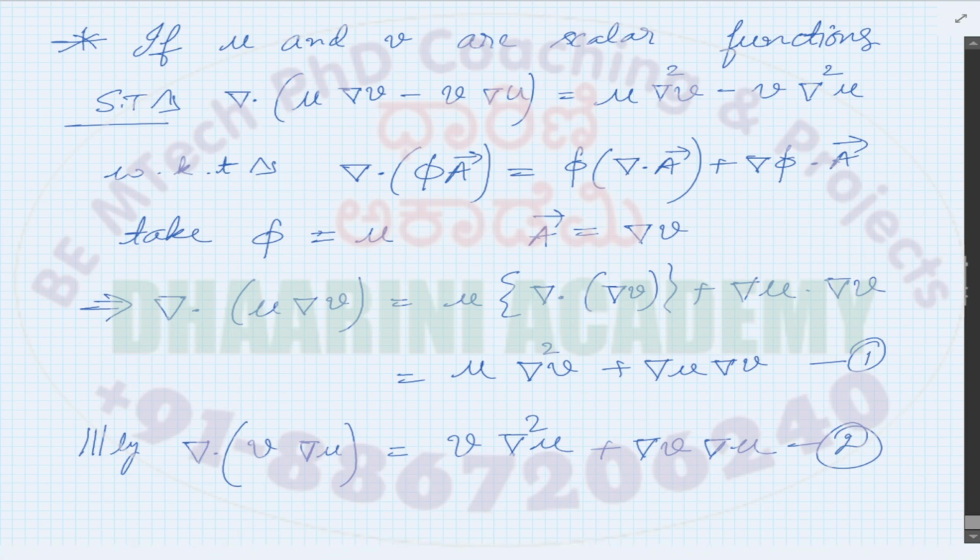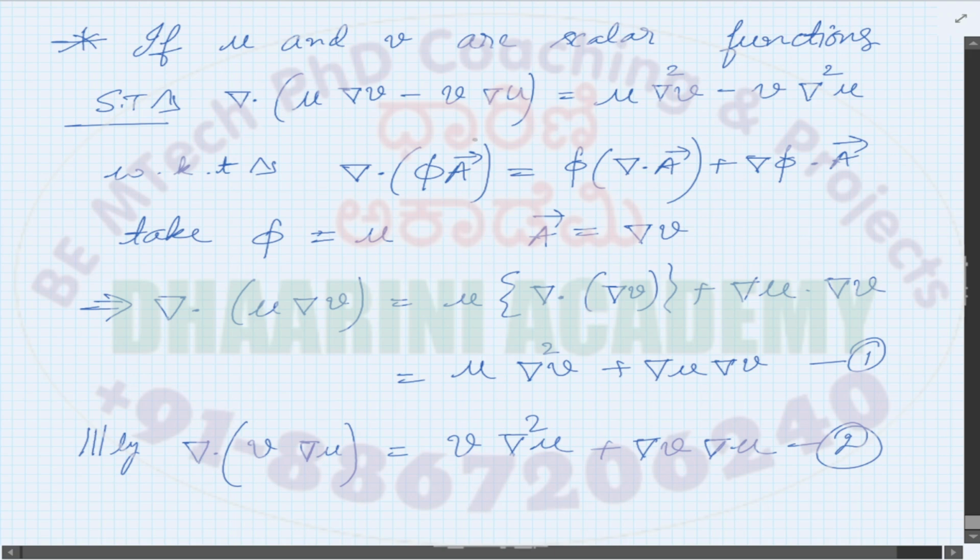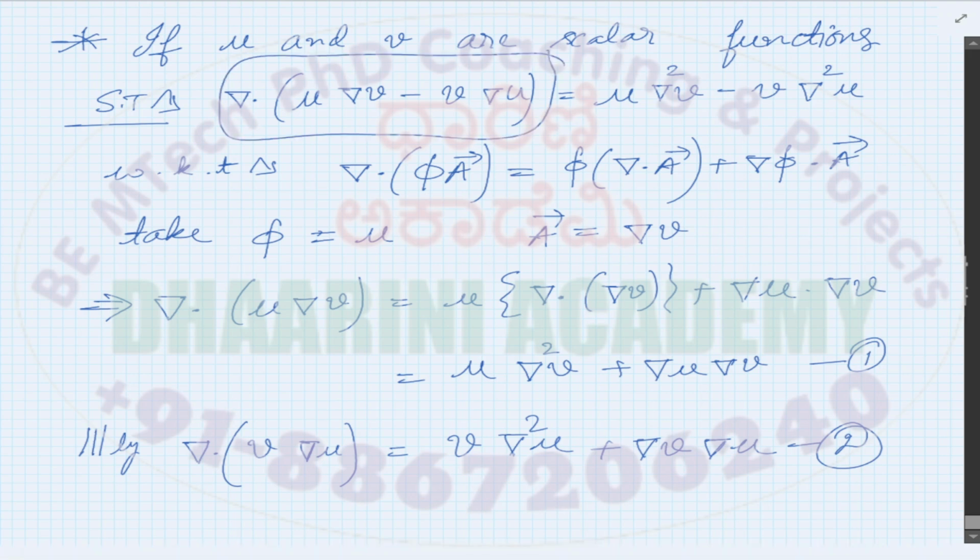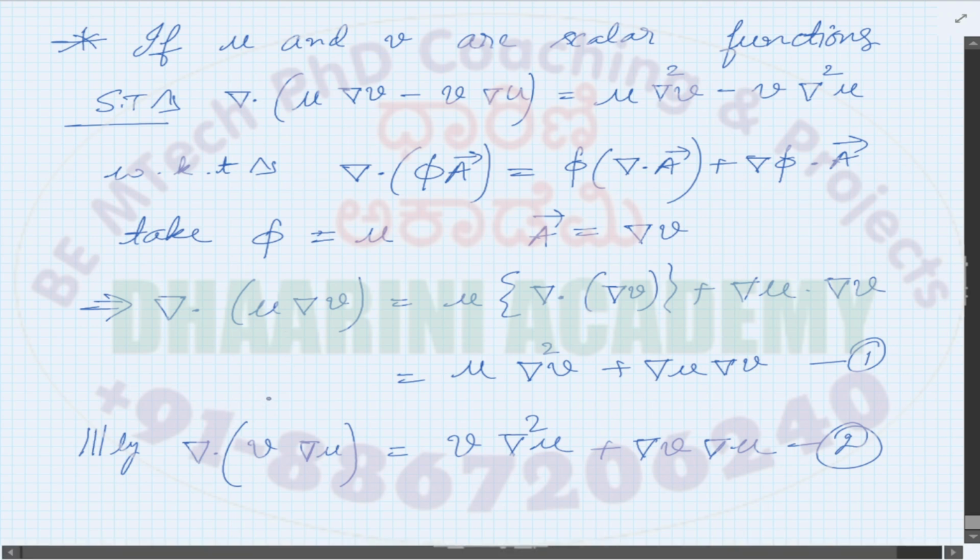Now you look at the given statement, the left hand side, I have to have a subtraction, something minus this. So that can be obtained by performing equation 1 minus equation 2. Let's do that.